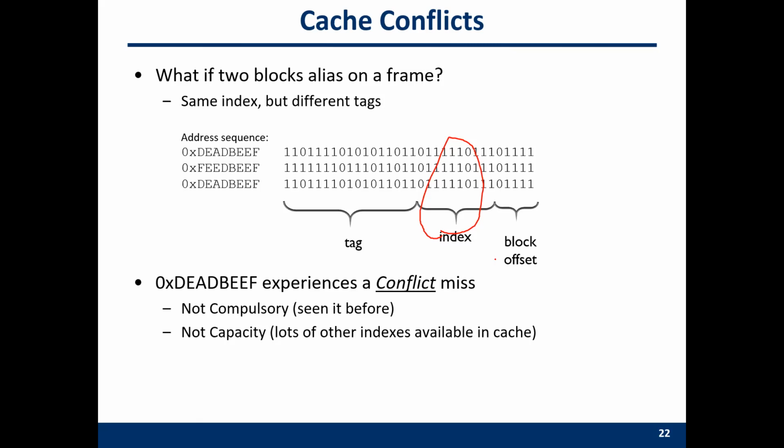Even though other locations are totally available, totally empty, you cannot use them in the direct mapped cache, because these addresses are only allowed to fight for the same location by the equation of the mod.